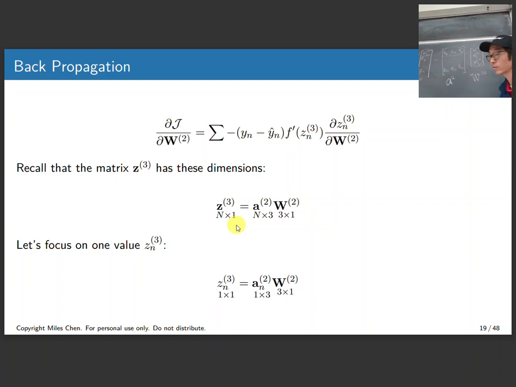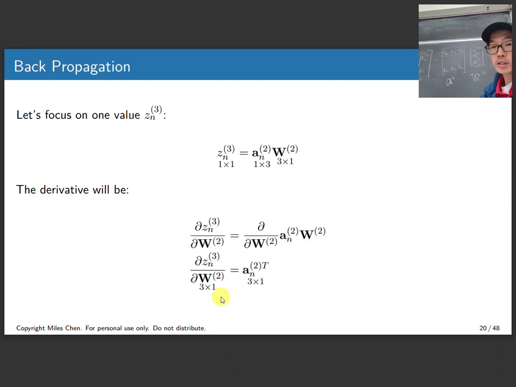So we have our row An2, which is 1 by 3, times W2, which is 3 by 1. Let's focus on this one scalar value, Z1 or Zn. That's going to be this row times this.